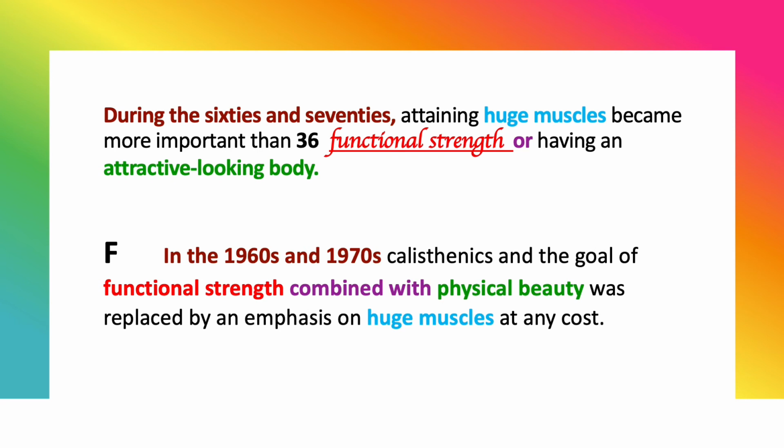You see the phrase physical beauty matching with attractive looking body. Then you find functional strength combined with physical beauty. Similar to the information in the question, functional strength or having an attractive looking body. So the answer is functional strength.